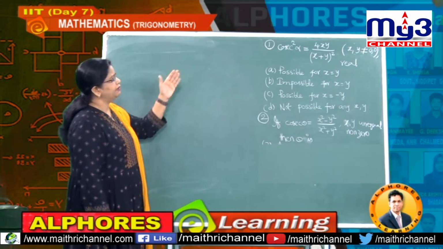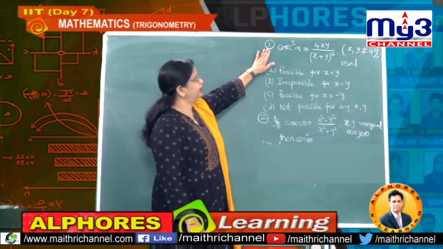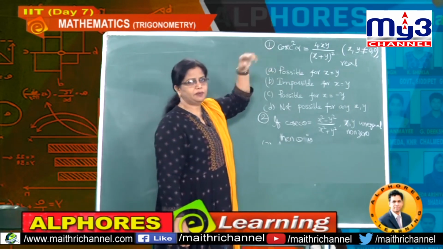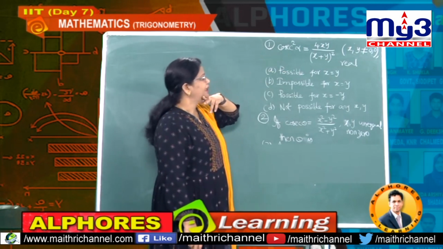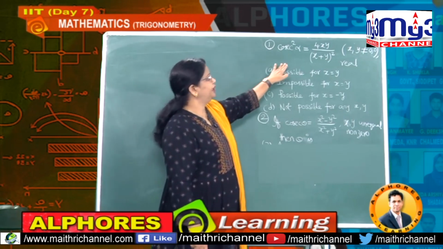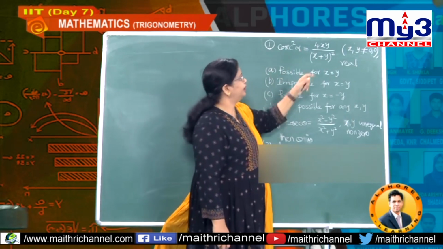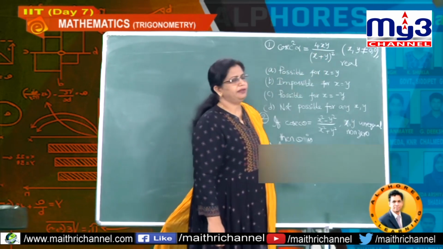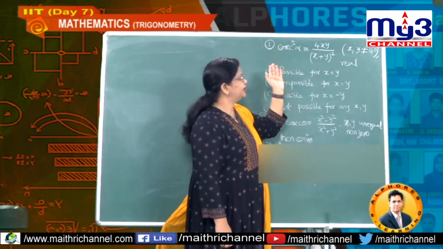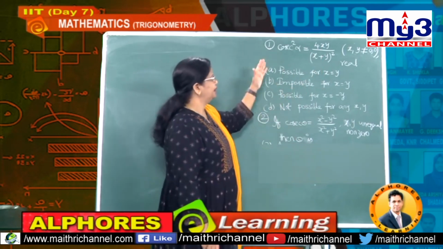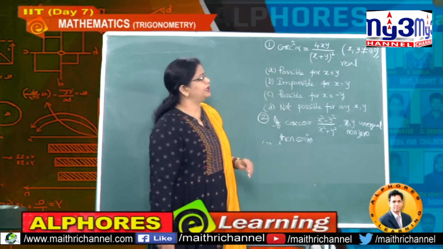Observe cosecant square alpha in the first problem is given as 4xy by x plus y whole square. Again, as I said, you should read the complete conditions carefully. x comma y both are given not 0, that means x is not 0 and y also is not 0.